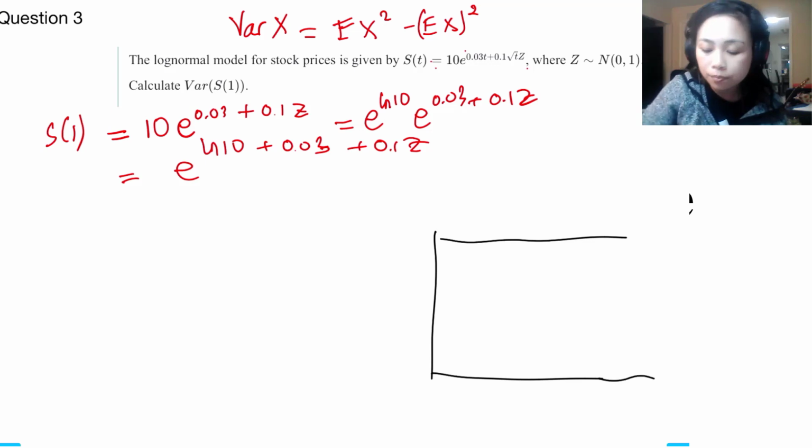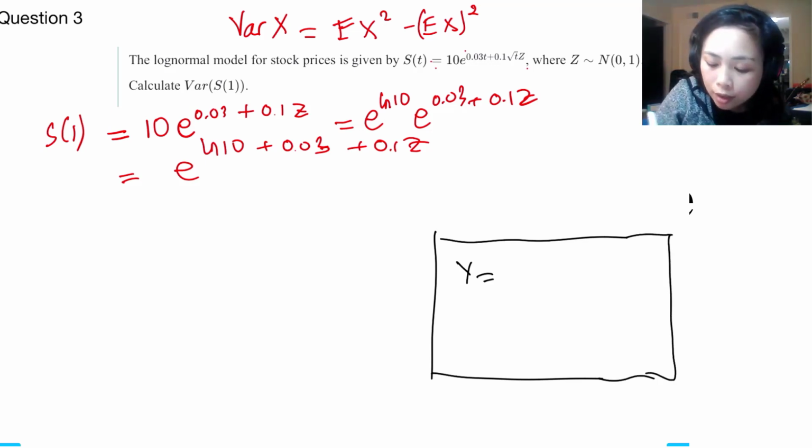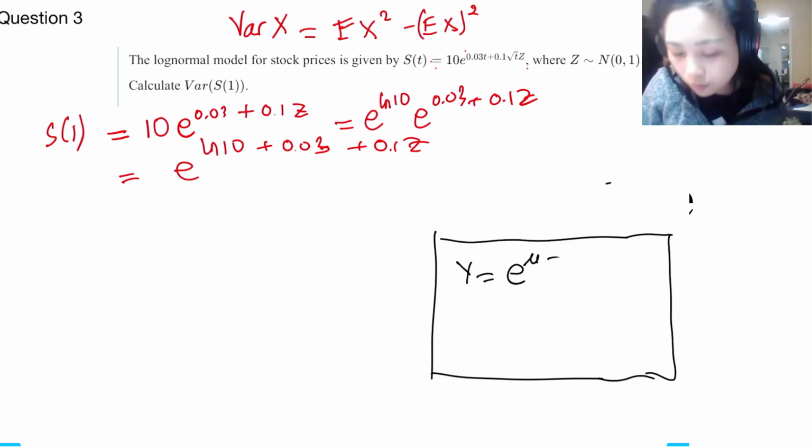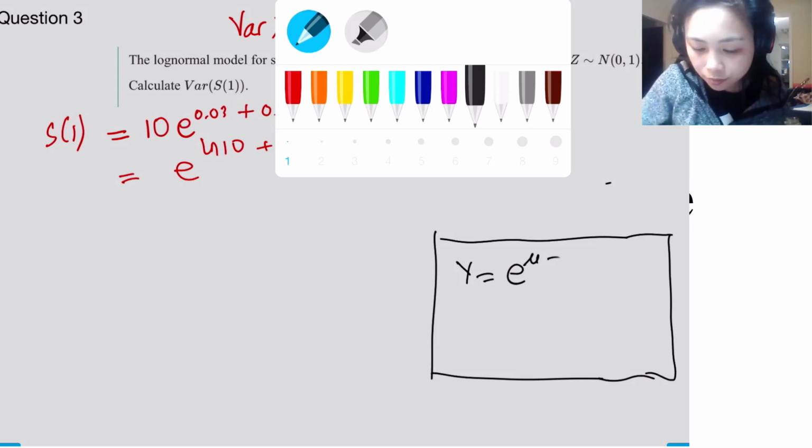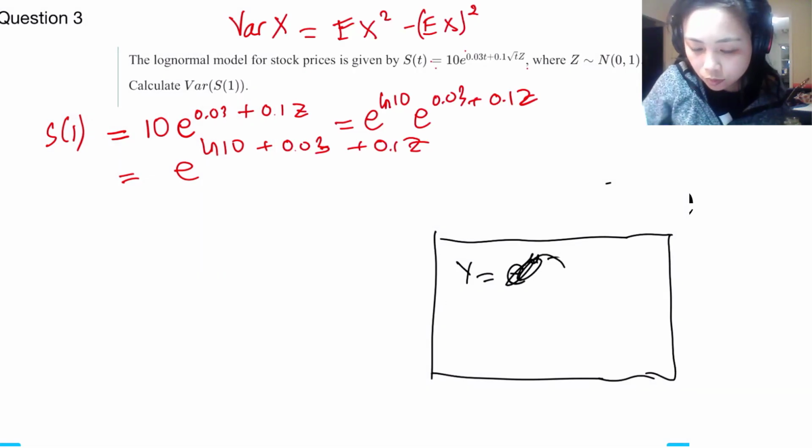Suddenly I cannot write in here. What's wrong with this?